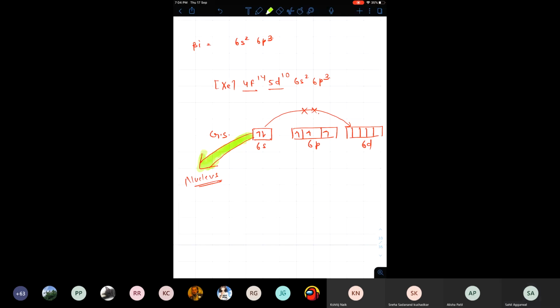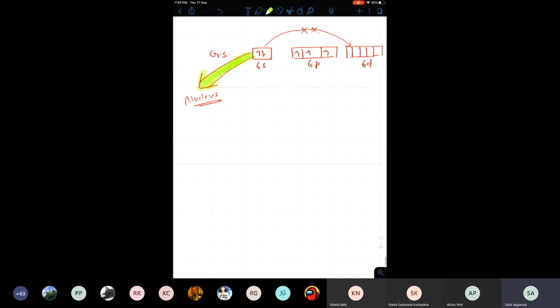Inert pair effect is very much important. Why bismuth cannot show +5 oxidation state?